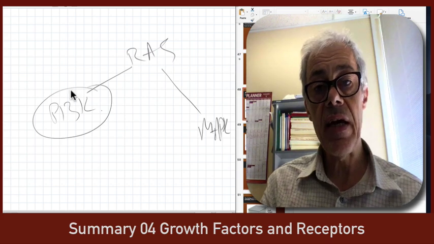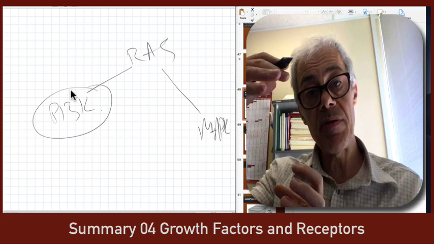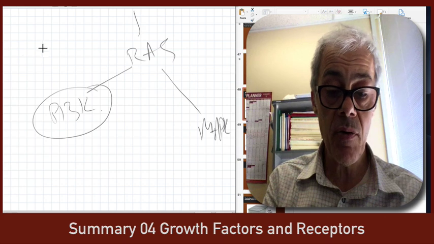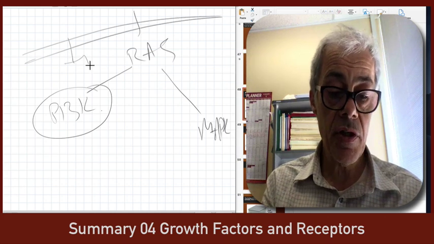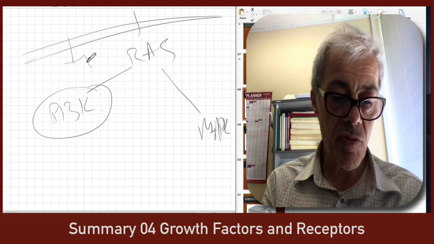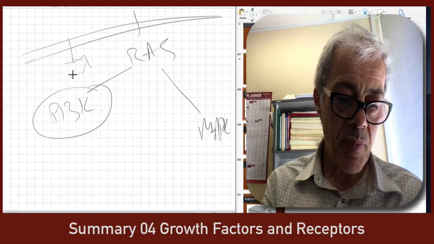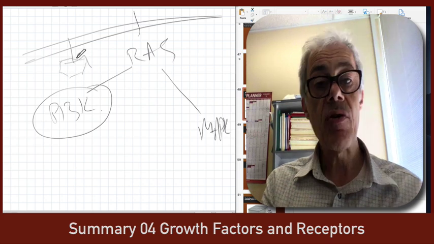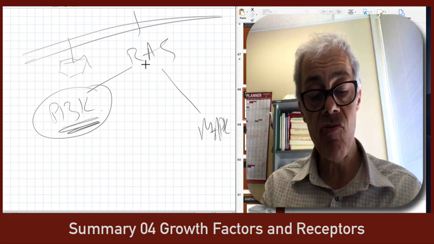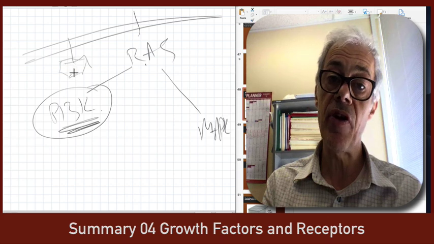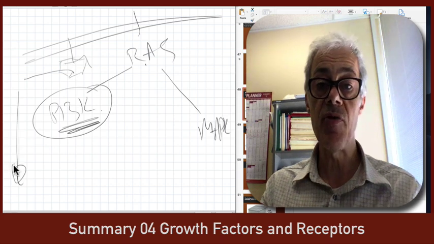Active PI3K can then, again, this is happening at the plasma membrane because RAS is bound to the plasma membrane, and the phosphoinositol sugars are also at the membrane. So when PI3K becomes activated by RAS, it can then start to phosphorylate these things to drive other processes.